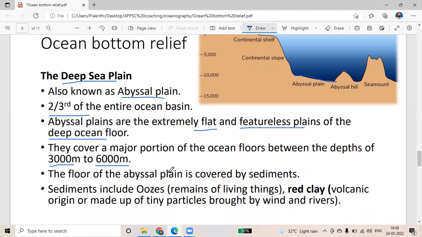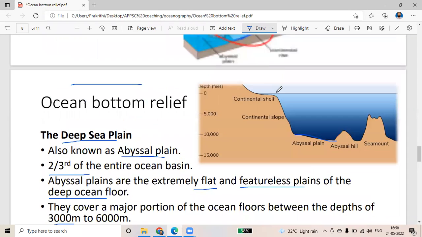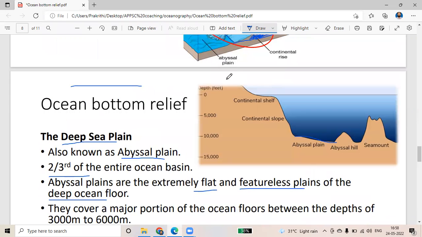The floor of the abyssal plain is covered by sediments. First, sediments from the land area come to the shelf, and from the shelf they deposit in the continental rise. A little extension of this will come up to here, but it's not the entire deposit coming from the continental area.